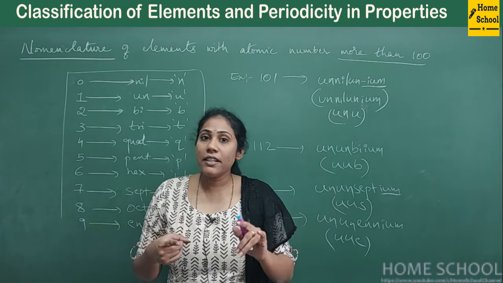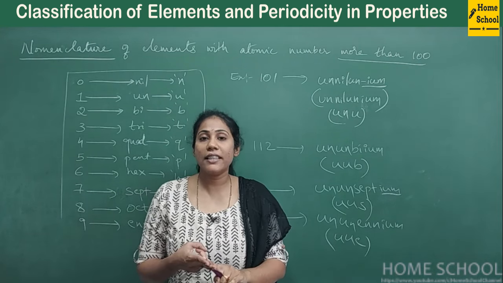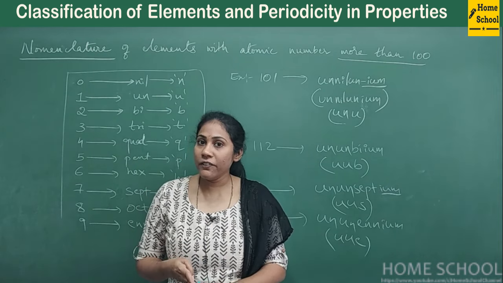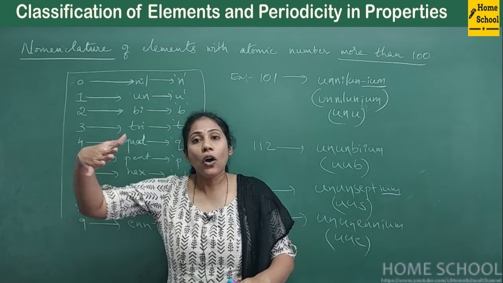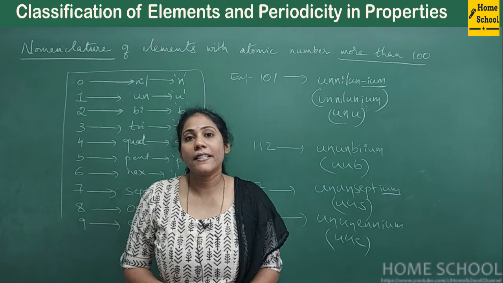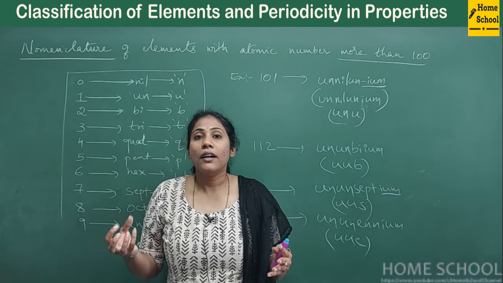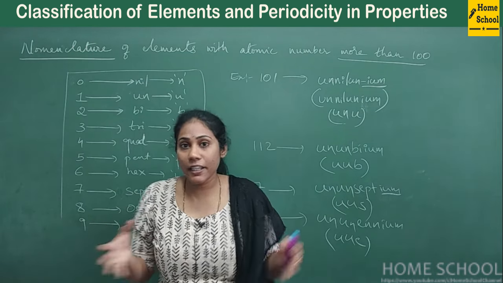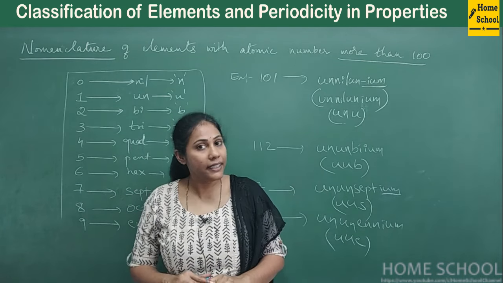So we will discuss everything about atomic size, ionization enthalpy, electron gain enthalpy, electronegativity, electropositivity, and valency. All these are called periodic properties. We will discuss their meaning and how to identify whether a property is increasing or decreasing when you look at the periodic table. All that we will discuss in a detailed way.